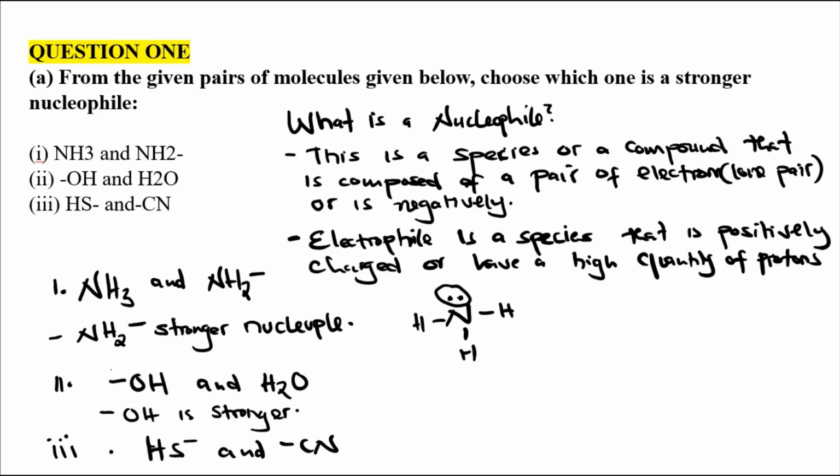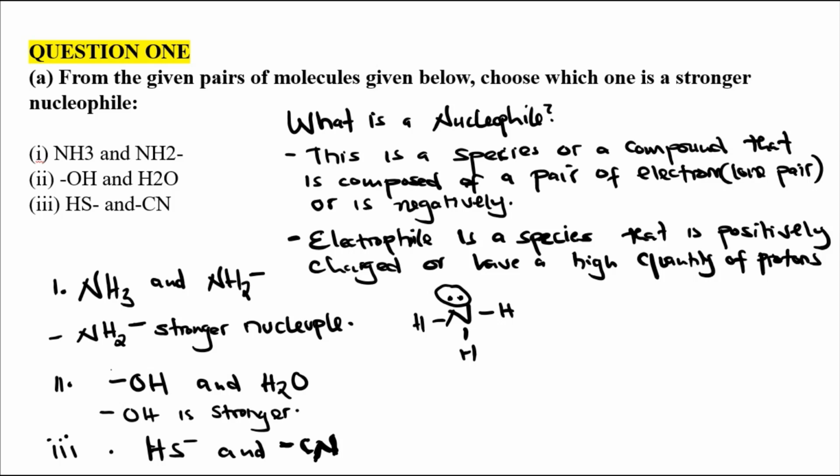So now between these two, both of them have a negative charge. But when you compare sulfur and nitrogen and carbon, you find that sulfur is a bigger atom compared to carbon.